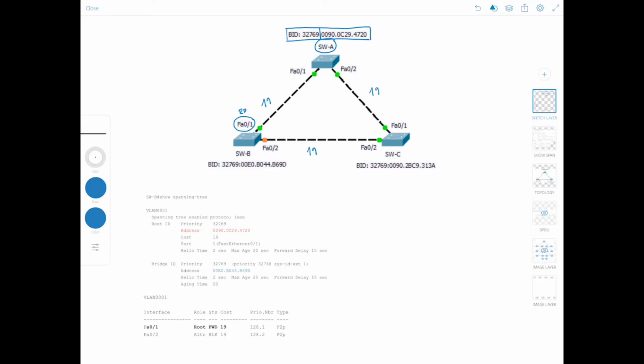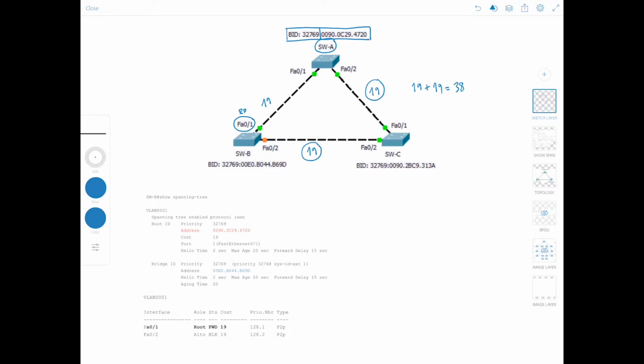So the other path to switch A or the root switch is through switch C with a cost of 19 plus 19, so 38. And hence, this is the root port or the preferred path. It has the lowest cost.